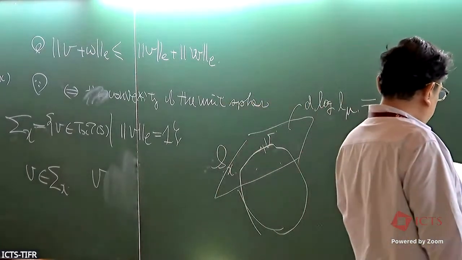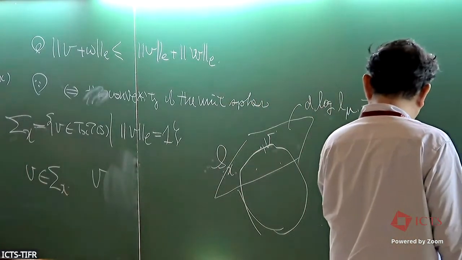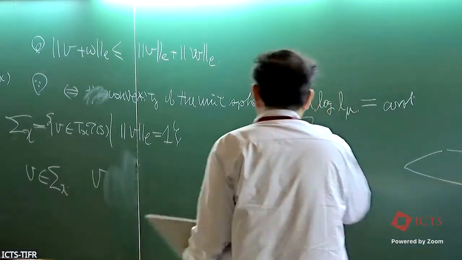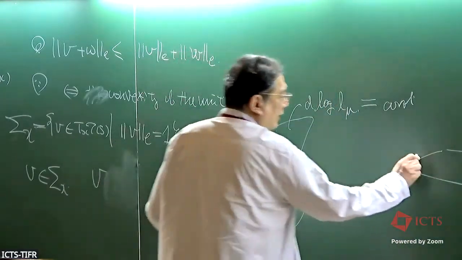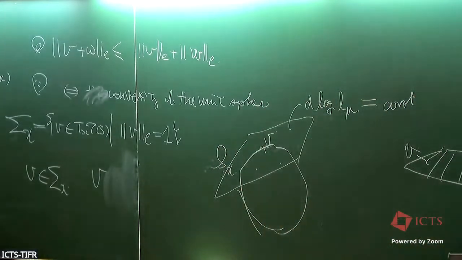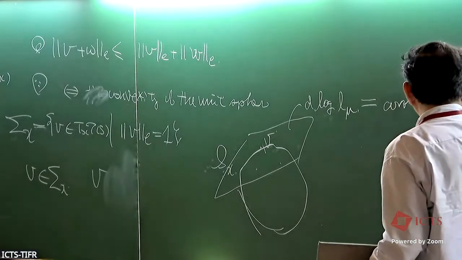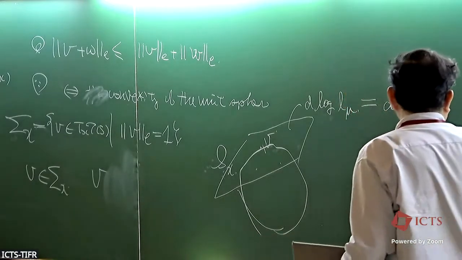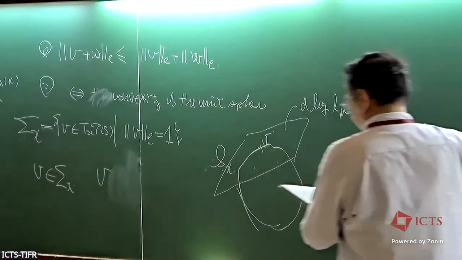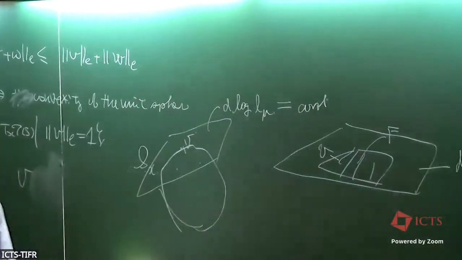Okay, and so that means, in this case, you have V here. As I explained last day, you have V here, and then you have some phase, and you have something like d log mu.